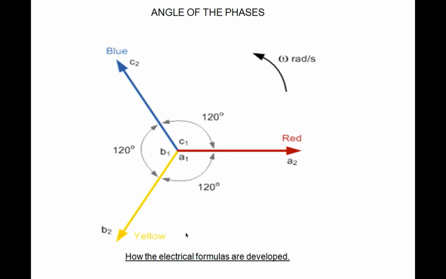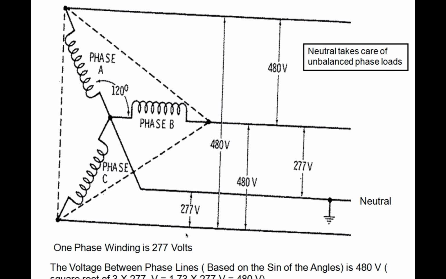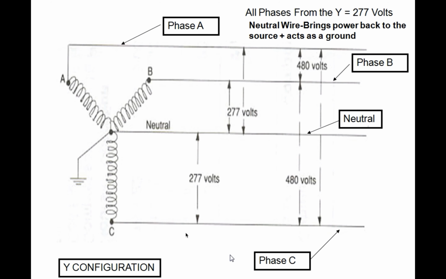You don't have to concentrate too much on this. Just understand that there are three phases. This is what the more electrical drawing type things look like that show you the voltage between the phases and what your neutral looks like. So you're carrying 480 basically across all three. Each phase can get 277 volts. Just another example of how that looks on an electrical diagram.